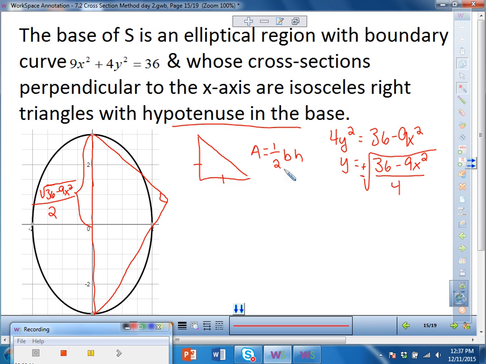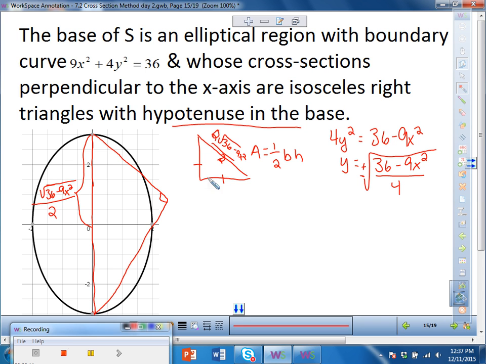Well, I know it's a right triangle, so these both are base and height. Do I know this value? I know the hypotenuse. I know the hypotenuse is 2 radical 36 minus 9x squared over 2. That's the hypotenuse. Does everybody understand how I got that? Those 2's cancel. So that's my hypotenuse.